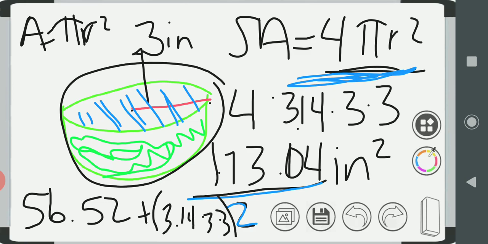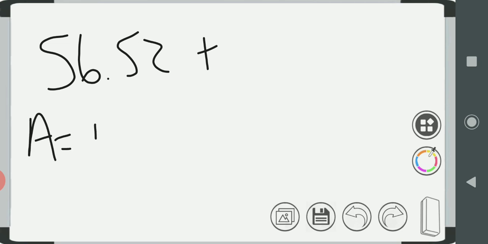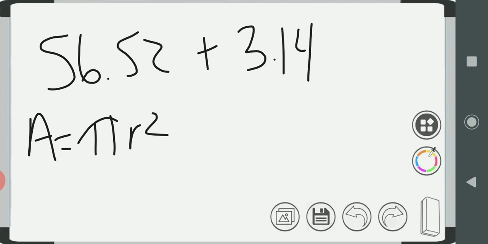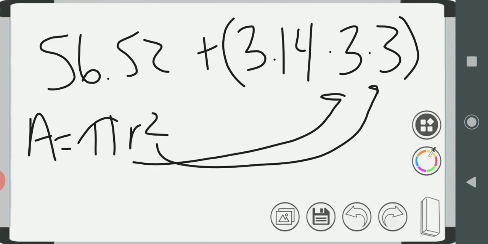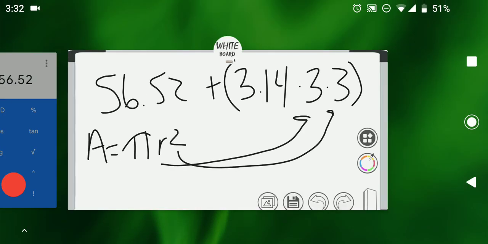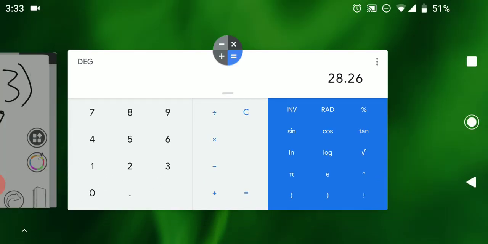That's getting really messy, so I'm going to erase that. 56.52 plus, remember, area equals pi r squared. Our r was 3, plus 3.14 times 3 times 3. That's the r squared. Let's throw that into our calculator, and that gives me 28.26.